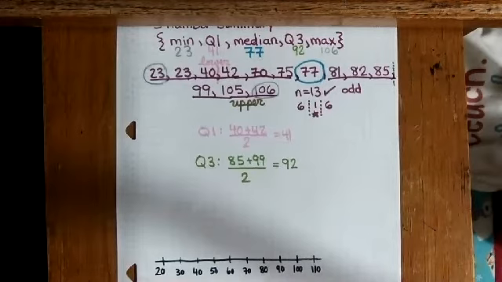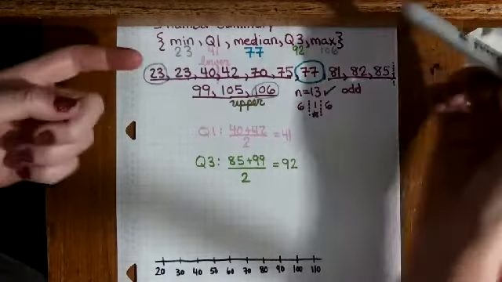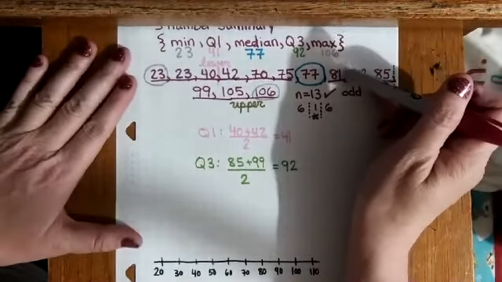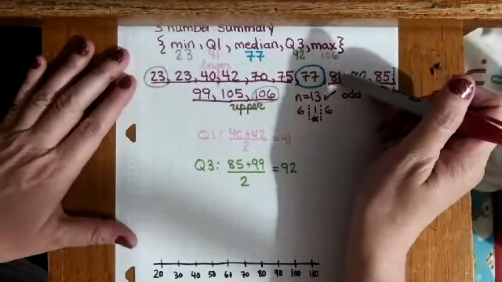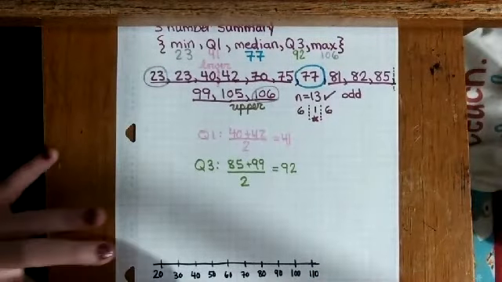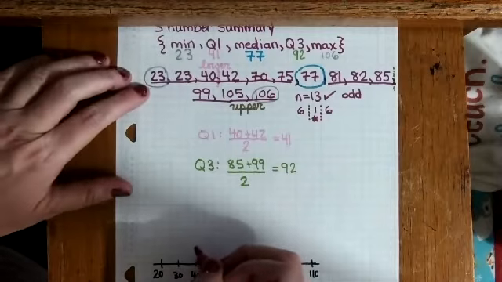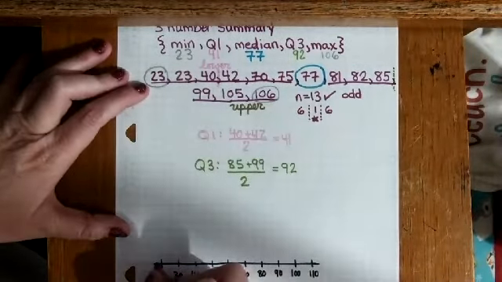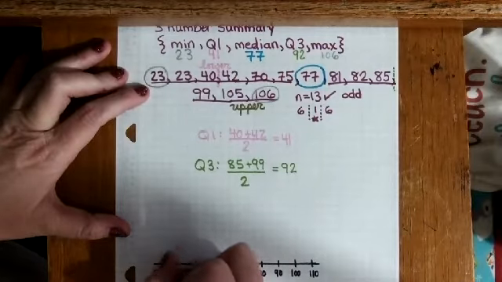And now what we do is we plot our data using the 5-number summary. So what the whisker is in the box and whisker plot is it's the min and the max. So you'll go from about 23.